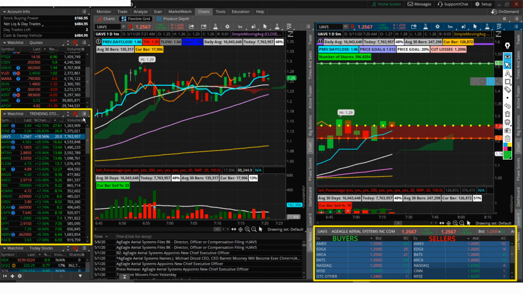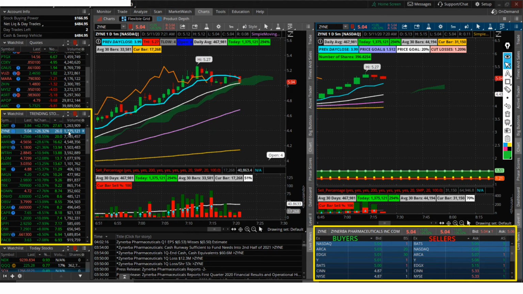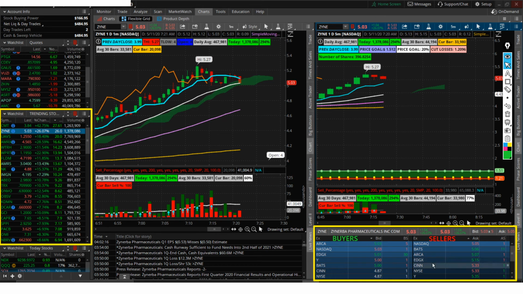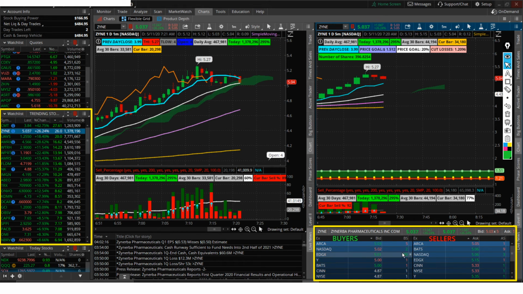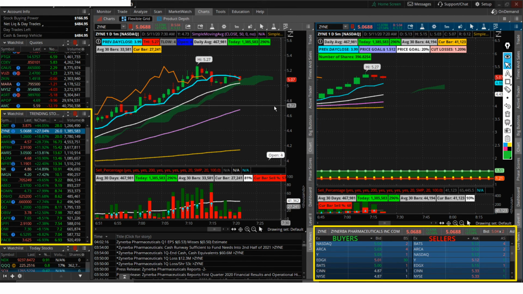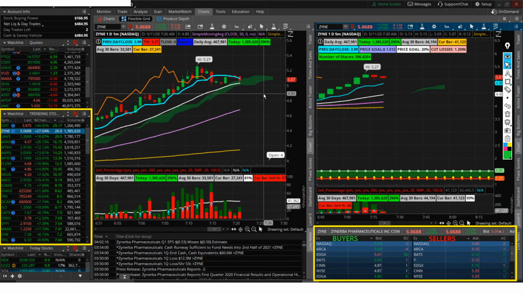Looking at CYNE, it's still trending up. Between buyers and sellers, we can see that there's a lot of buyers at $5. So the demand is there just a little bit. Volume for today is almost 300% of its daily average, which is 467K.